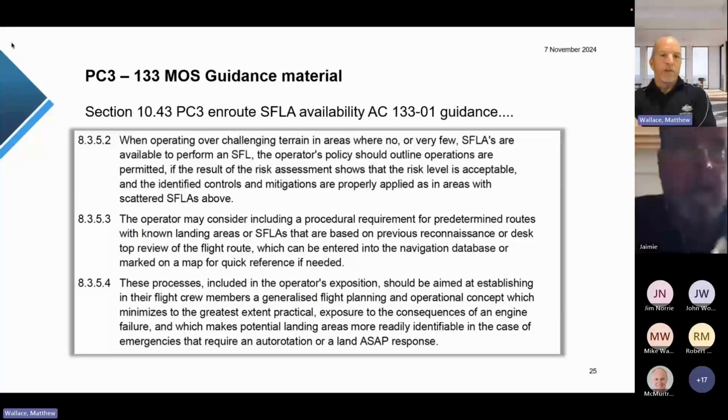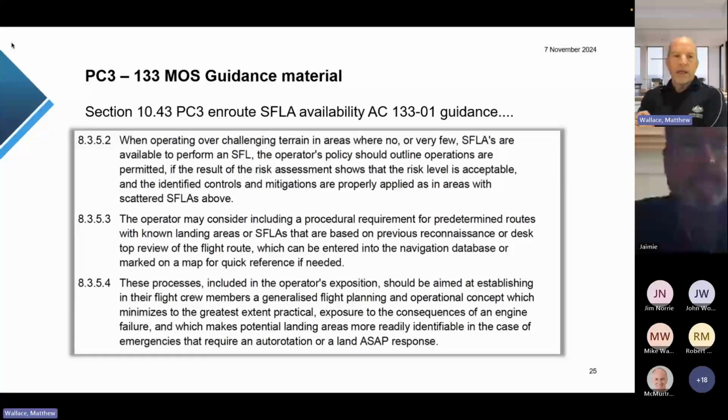So it's saying when operating over challenging terrain in areas where no or very few suitable forced landing areas are available to perform a safe forced landing, the operator's policy should outline operations are permitted if the result of the risk assessment shows that the level of risk is acceptable and that the identified controls and mitigators are properly applied. Okay, so it's saying, yes, you can operate over challenging terrain, very few or no suitable forced landing areas, as long as you're operating in line with the operator's procedures.